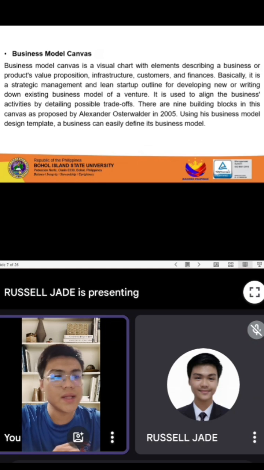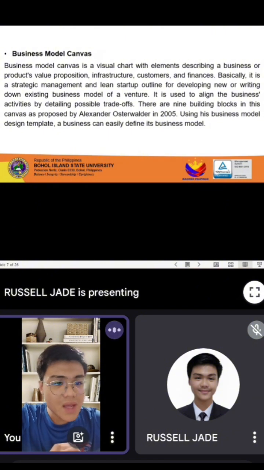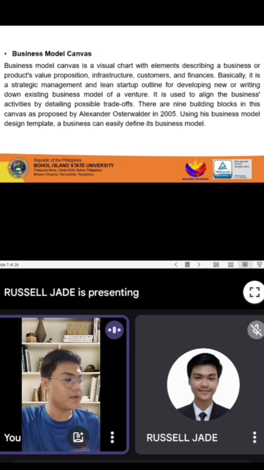It is used to align the business activities by detailing possible trade-offs. There are 9 building blocks in this canvas as proposed by Alexander Osterwalder in 2005, using his business model design template. So a business can easily define its business model.